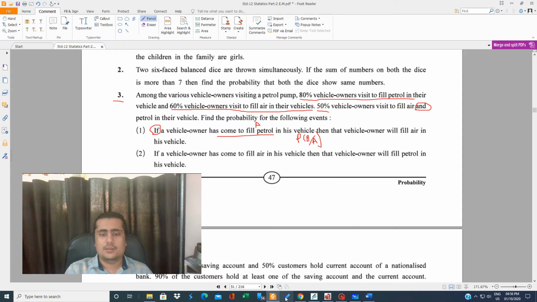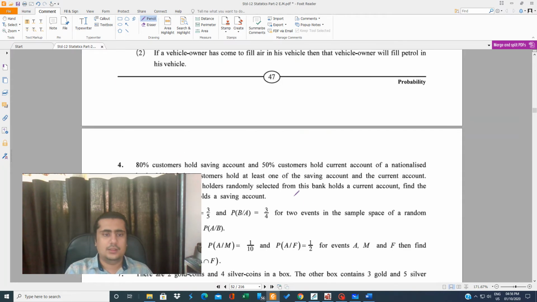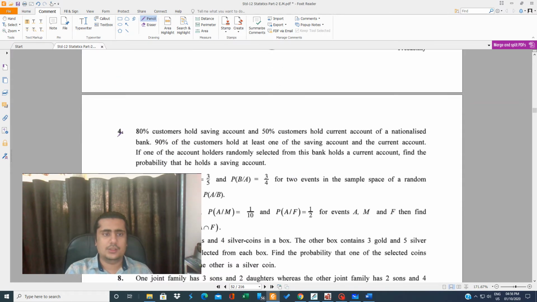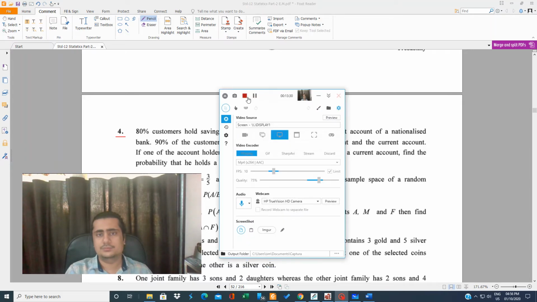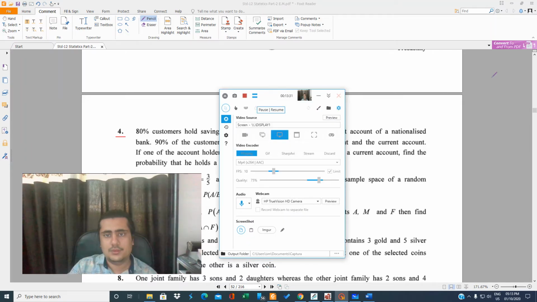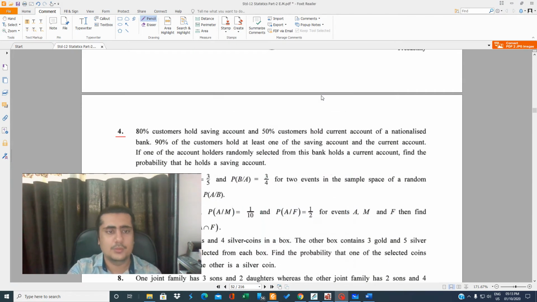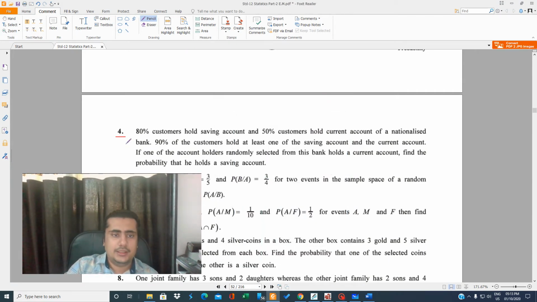Then let us do number 4. Yes, 80% customers hold a saving account and 50% customers hold a current account. So there are two.